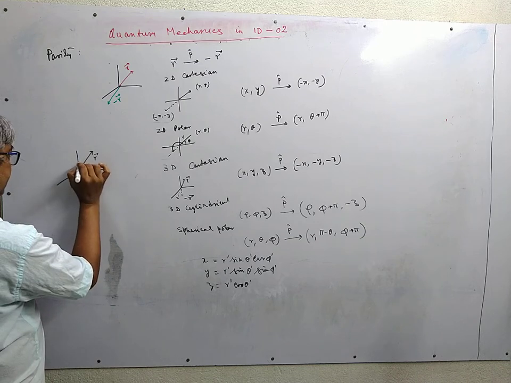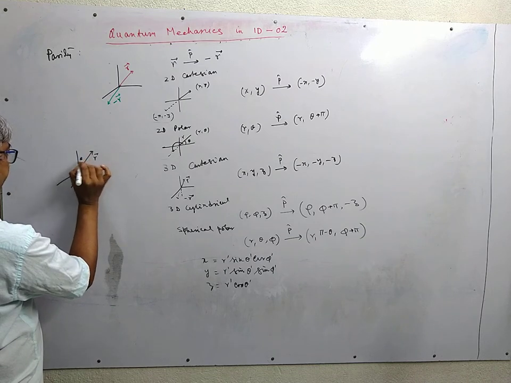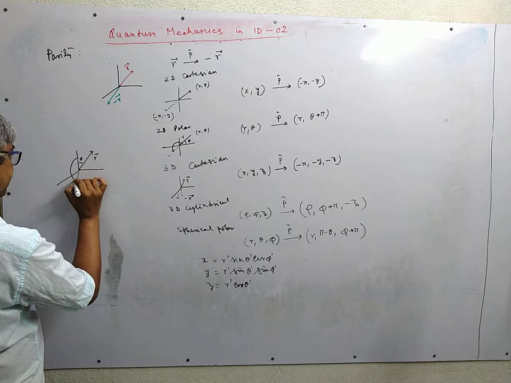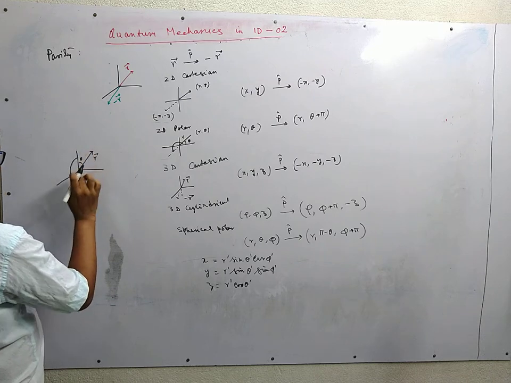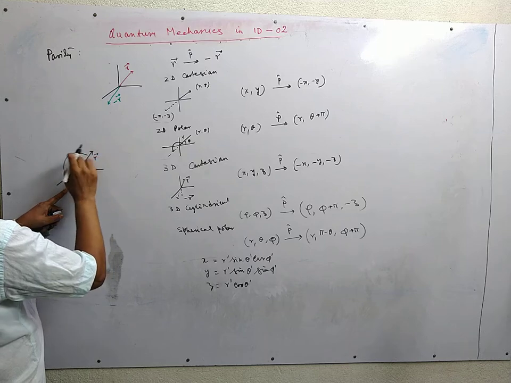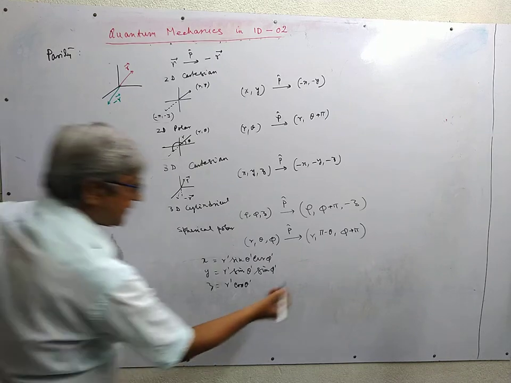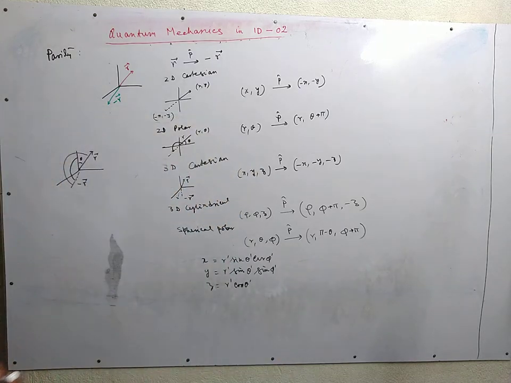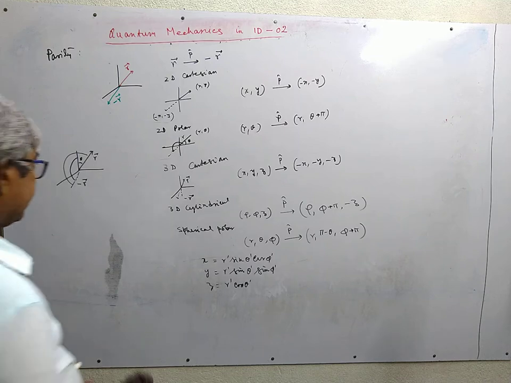This angle is theta, so under parity the angle becomes this much. The total angle is pi, so this much is pi minus theta. That has been written over here. So this is the conversion of coordinates under parity operation.